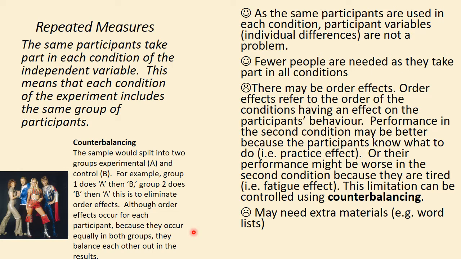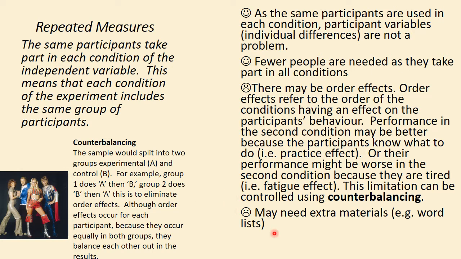I hope. So half of your group, if there are order effects, will do better at doing it the second time, and for them it will be condition B. The other half, if they do better at it the second time, will do better in condition A. The two will then balance each other out, and any difference you're left with is down to the independent variable.